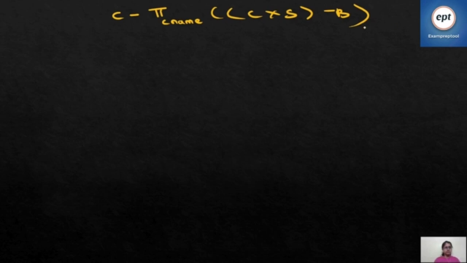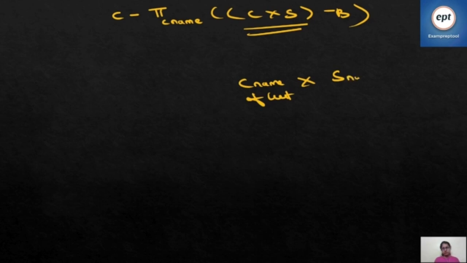This is the expression which is given. Now let's see what it says. So it is C name of customer, cross S name of shops.